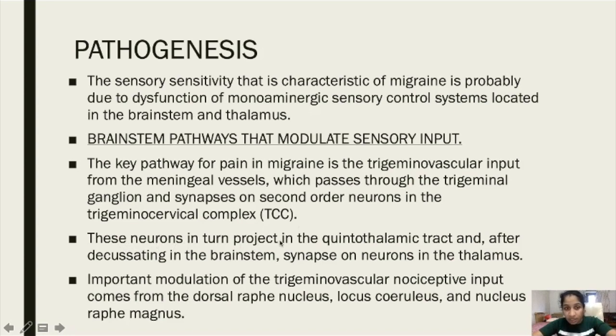These neurons in turn project in another tract, the quintothalamic tract, and it goes to the brainstem and then through to the thalamus. In between, the modulation for this trigeminal-vascular nociceptive input, nociceptive meaning pain receptors, right, comes from these nuclei present in the brainstem.